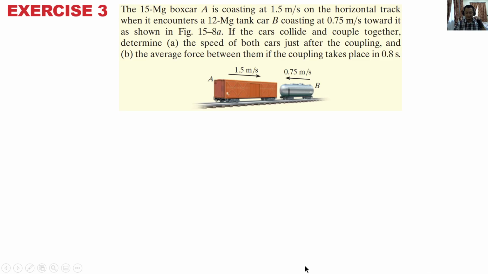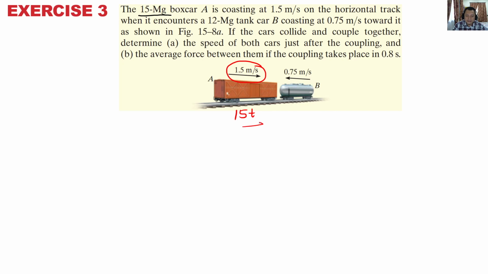We're gonna pause. Okay, so this is the next exercise on momentum. You've got a 15 megagram boxcar. 15 megagram, how much is it? 15 ton. Coasting at 1.5 meter per second.